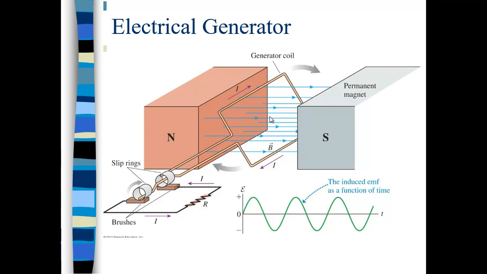And if you look at the electromotive force of this coil, which is running through and gaining power from this magnet, and you look at the electromotive force that is being created here as a function of time, it is going to go from a positive electromotive force to zero, down to a negative electromotive force, up to zero, back to a positive, and then you'll have a sinusoidal wave.